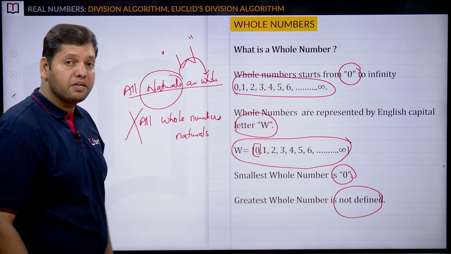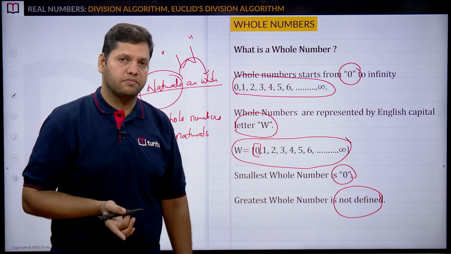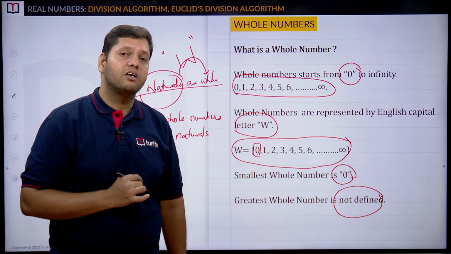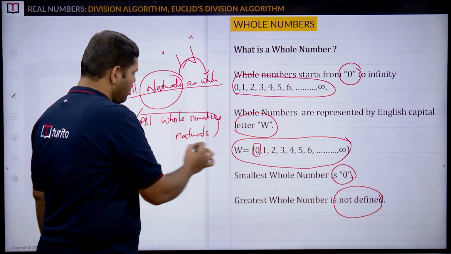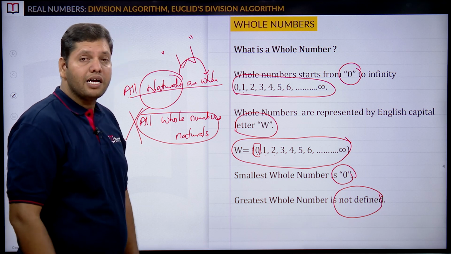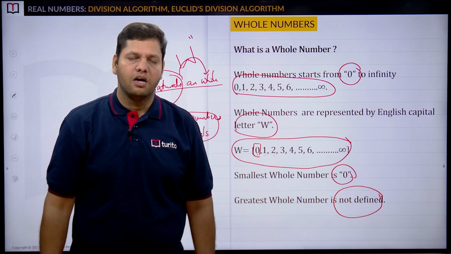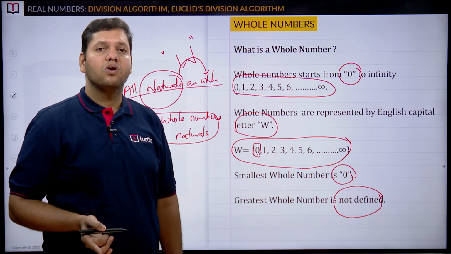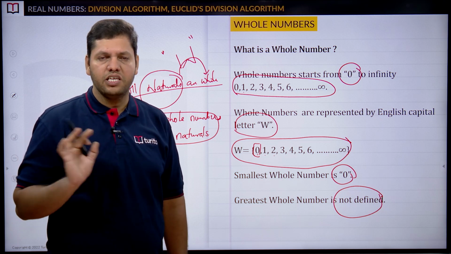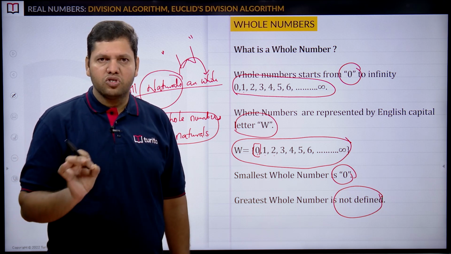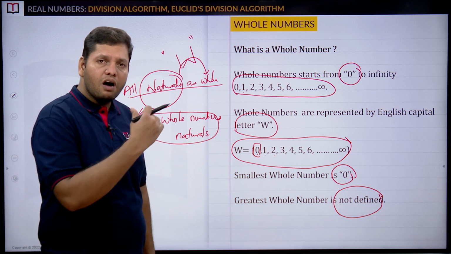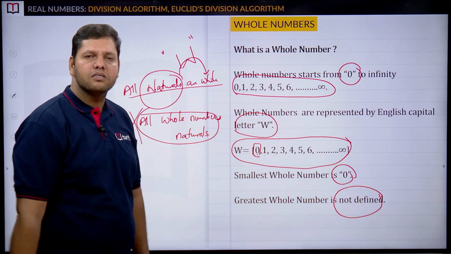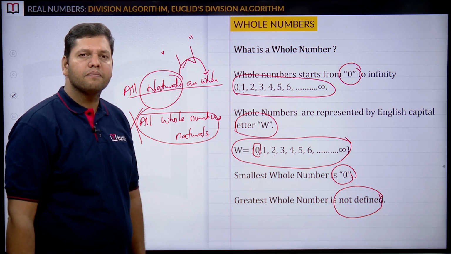The 0 is present only in the whole number list, not in the list of natural numbers. So it is not possible. We can say only that all the natural numbers are whole numbers, but we cannot say all the whole numbers are natural numbers, because of the 0. Am I clear, everyone, on this point? Yes, very good. Then children, after the whole numbers, what is the next type of number? Tell me.